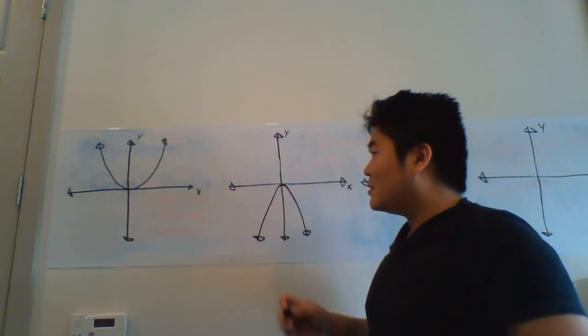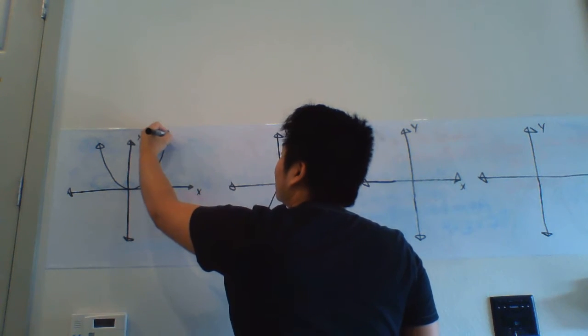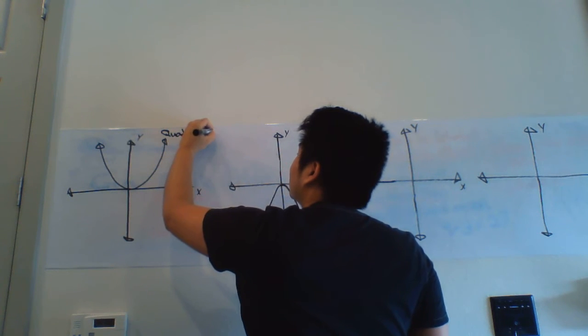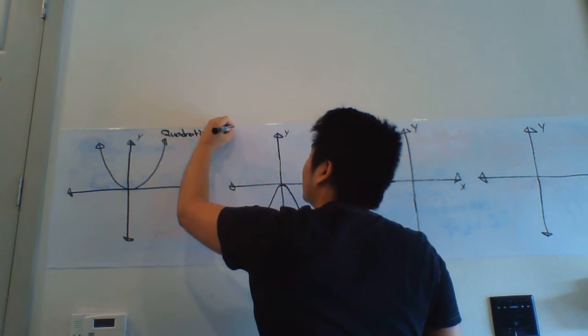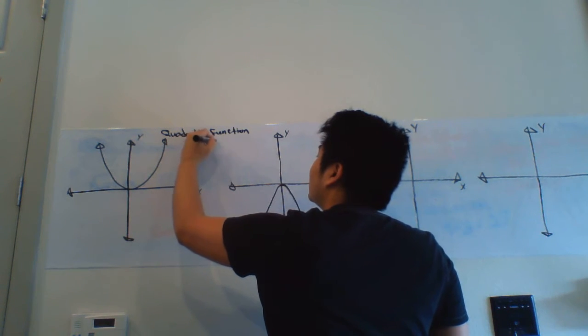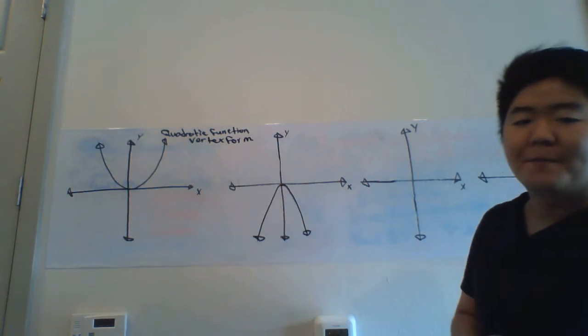So let's get straight into it. We are looking at quadratic functions today, and specifically, we're looking at vertex form. So that's what we'll be doing today.